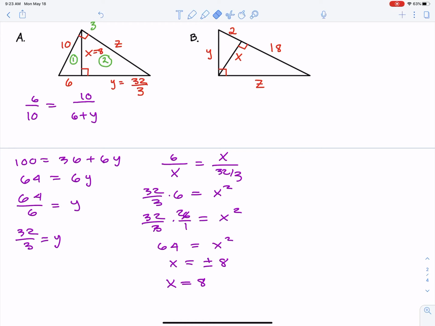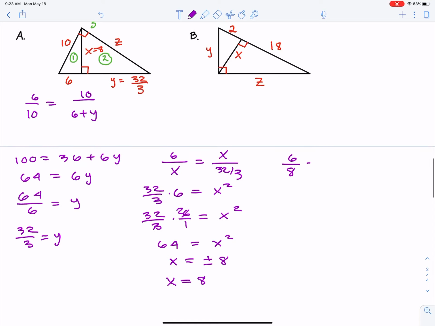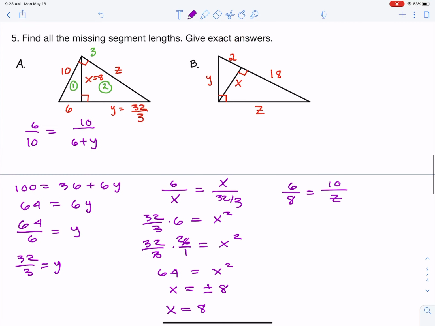Okay, so let's backtrack on that. I'm going to say short side of triangle 1 is to short side of triangle 2, so 6 is to 8. Then, since I'm trying to find the hypotenuse of triangle 2, I have to use the hypotenuse of triangle 1. So the hypotenuse of triangle 1 is 10. The hypotenuse of triangle 2 is z. Let's make sure we got it.